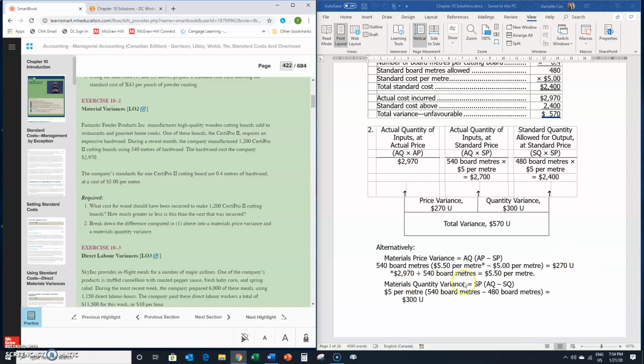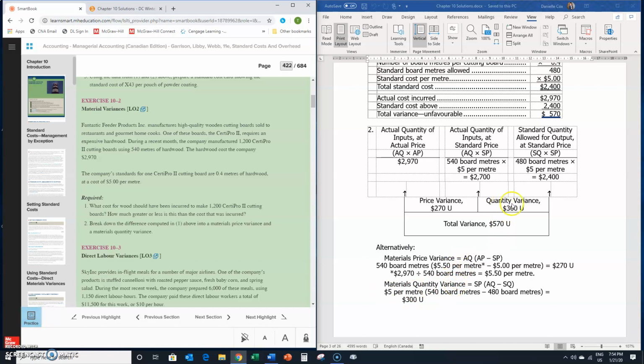Materials quantity variance is, and actually I just want to point out, if you look at this, you can kind of see actual quantity times actual price, actual quantity times standard price. Sorry, I think I misspoke there. If you work that out, you get this formula.